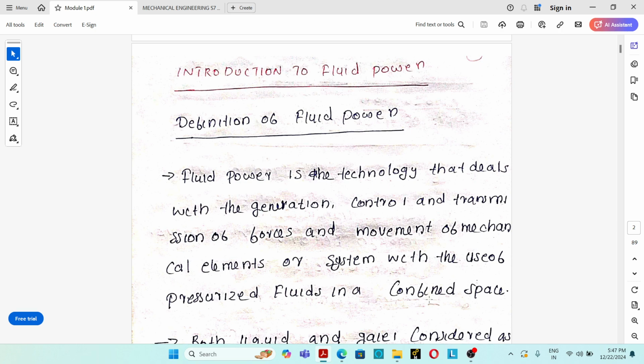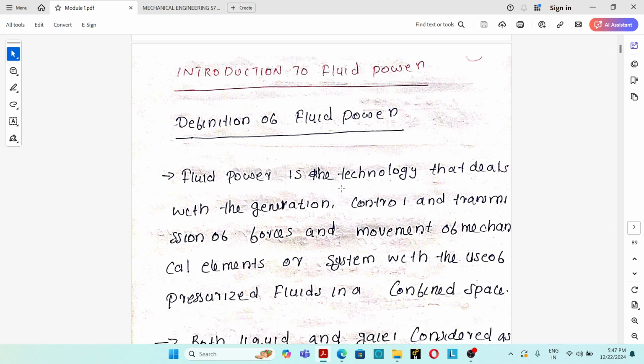Confined space is very important. In open space, power is not transmitted. So this is the definition of fluid power.